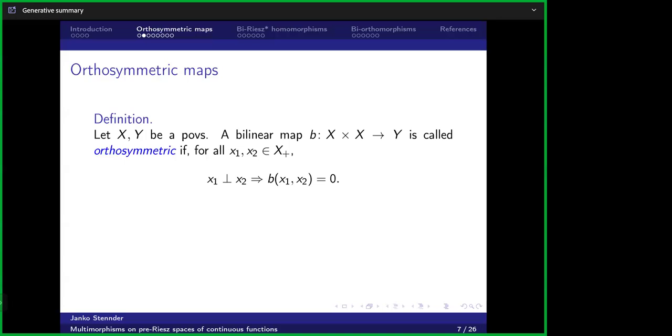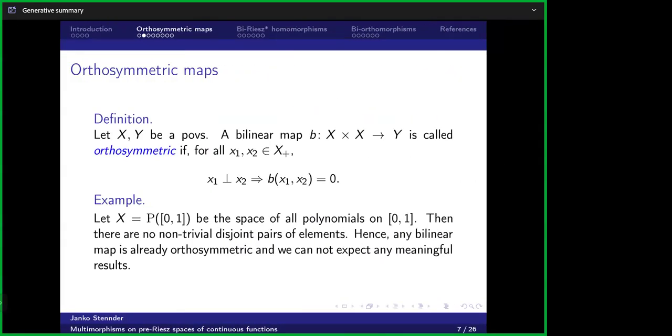But now we have some problem, or we can see why Riesz spaces or partially ordered vector spaces are more difficult than vector lattices. If we consider the space of all polynomials on the standard interval 0, 1, then there are actually no non-trivial pairs of disjoint elements.